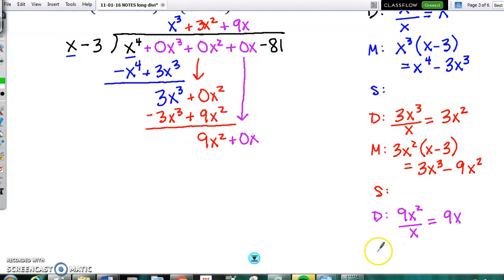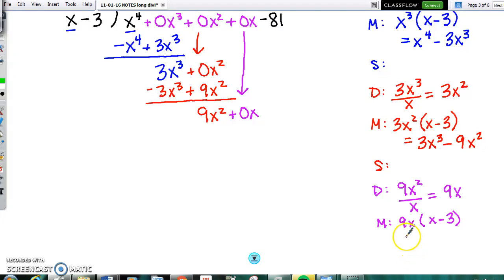We divided, now we multiply. 9x times x minus 3. And that gives us 9x squared minus, let's see, 27x. You're just distributing this each time as a quick reminder where that comes from.